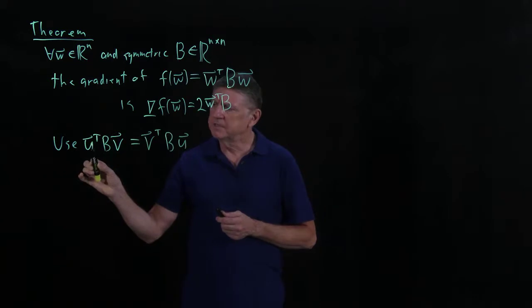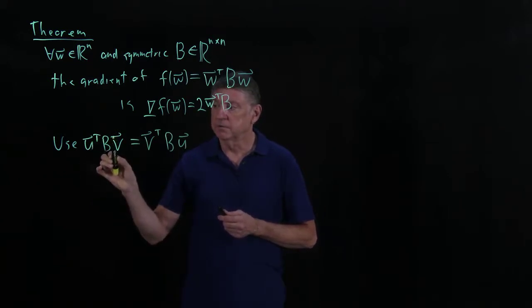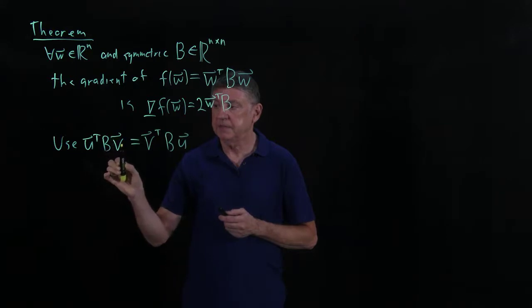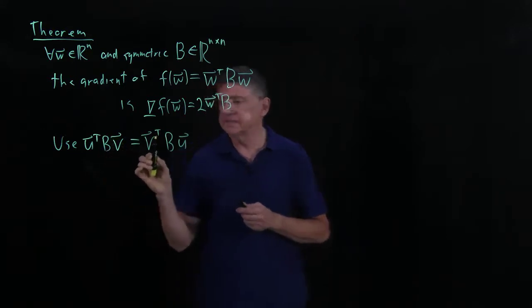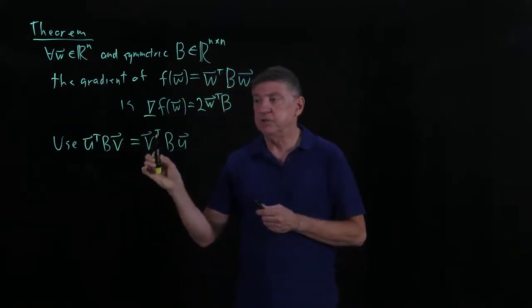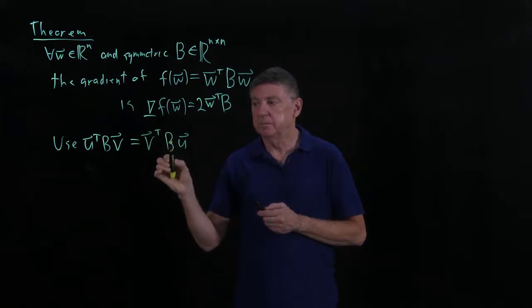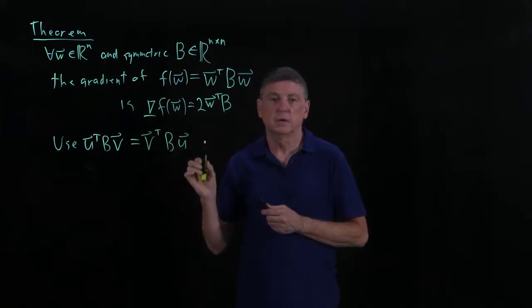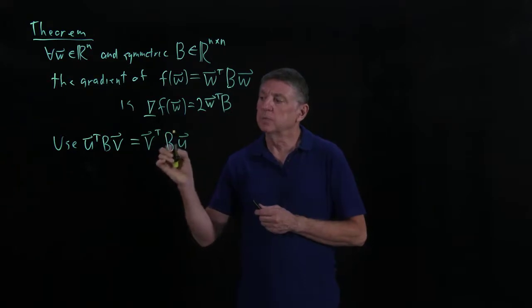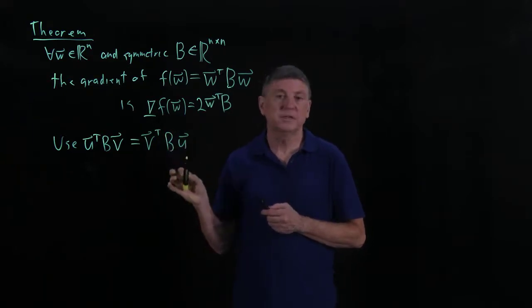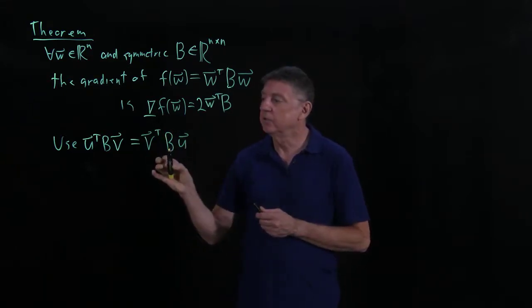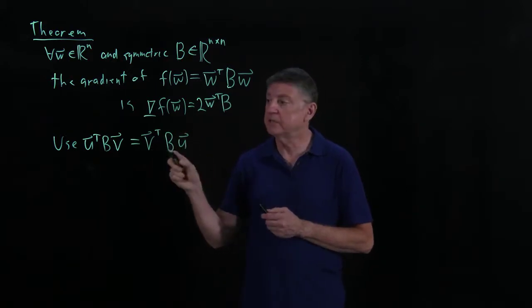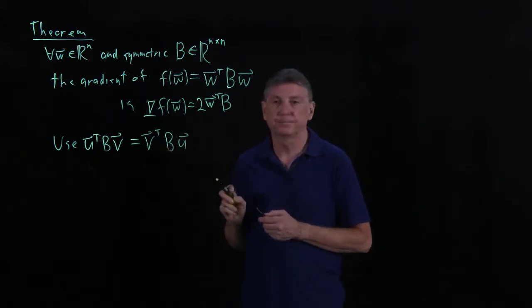You could think of this as the vector U dot the vector that results from multiplying B and V, and that is the same as V dot the result of applying B to U. Because we can replace the dot products with these transposes and use the fact that B equals B transpose when you go through that proof.